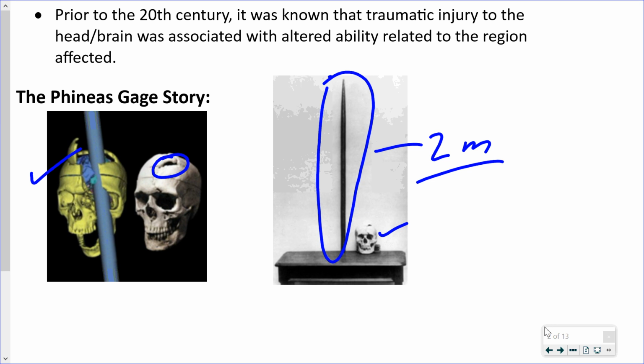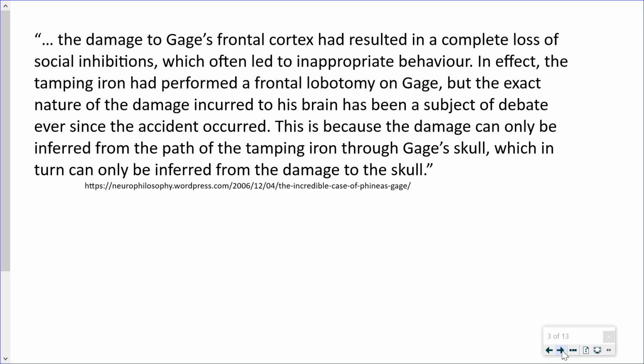So what was different, and how could they use that information to figure out what the frontal lobe is responsible for? Well, he was a different person in terms of his personality. If we read through at least the first little bit here, the damage to Gage's frontal cortex had resulted in complete loss of social inhibitions, which often led to inappropriate behavior. He had a complete change in personality.